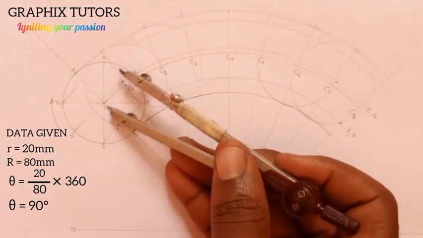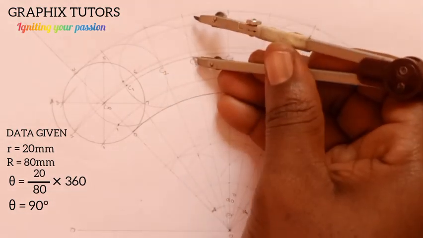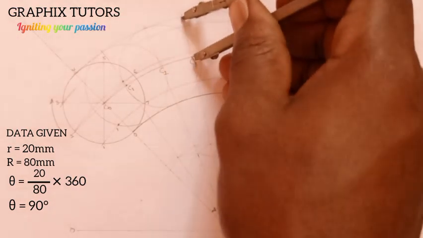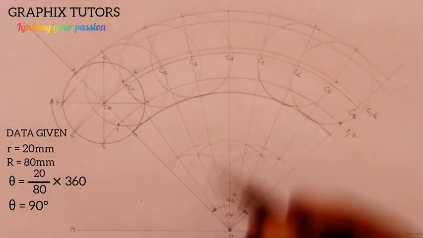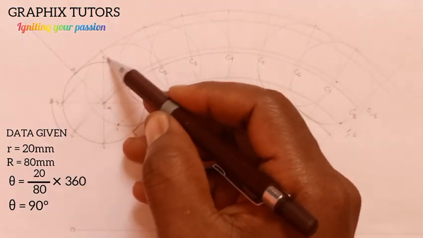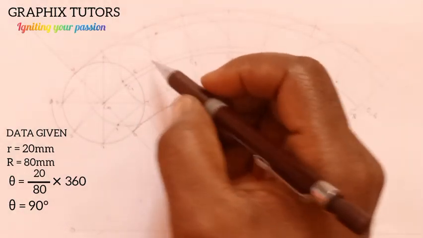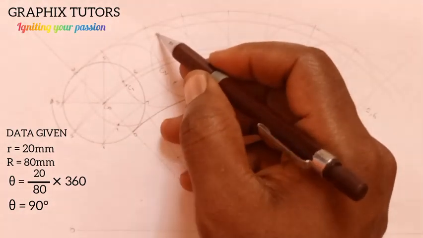I'll do the same thing at center 3. Repeat the same height, the radius of 20. Now where circle 3 touches, this is line 3 here. You can see circle is touching it at this point here, 3.